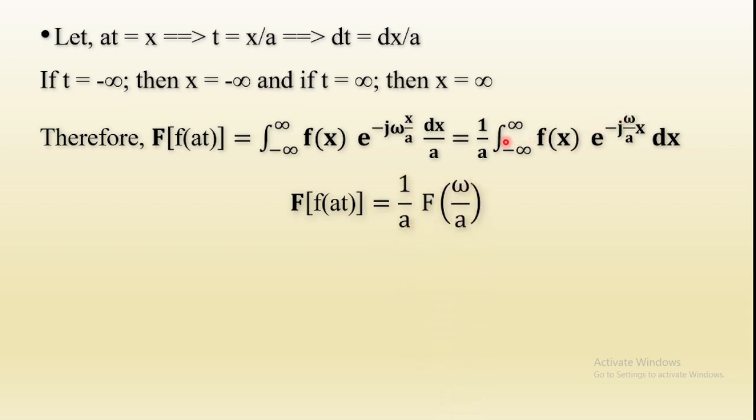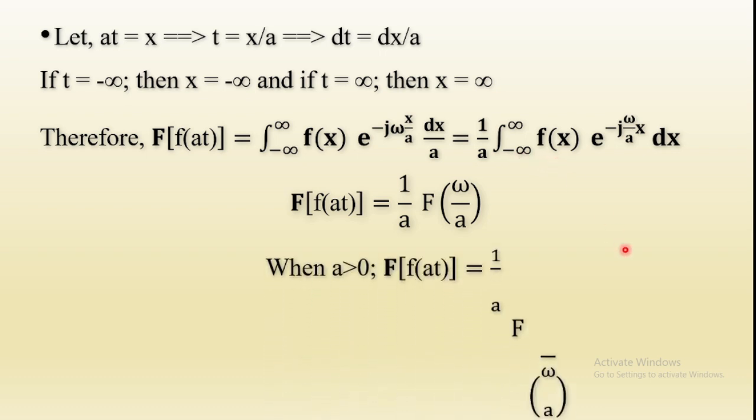So the RHS integral is F of omega by a, giving 1 by a into F of omega by a.